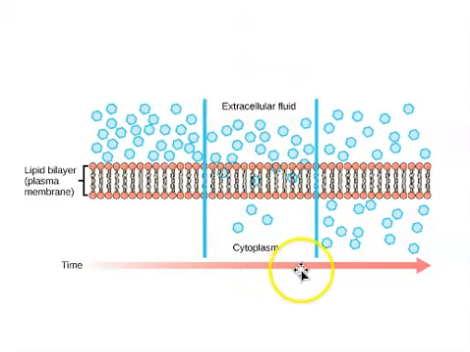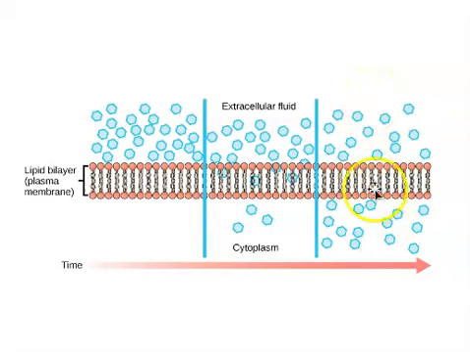And as time continues to pass, there will come a point where this simple diffusion process will end. And the time that it will end is when the concentration gradient is gone.